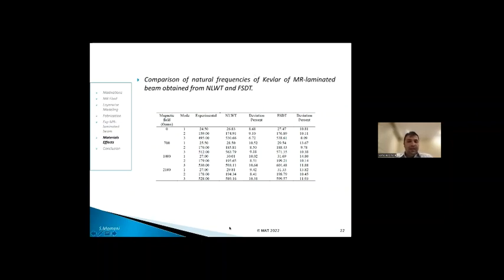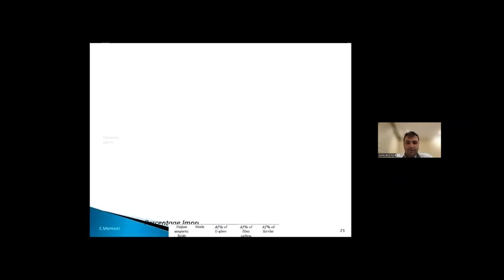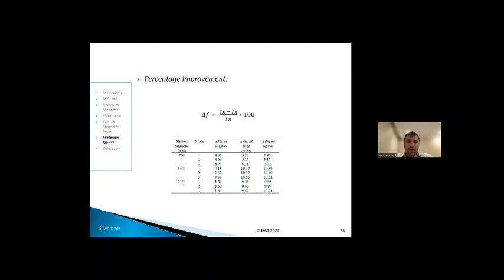In the next slide, I want to talk about the percentage improvement of the material by applying the magnetic fields. In this slide, f of h is the natural frequency of the structure by applying the magnetic field, and f of a is the natural frequency of the structure without applying the magnetic fields.